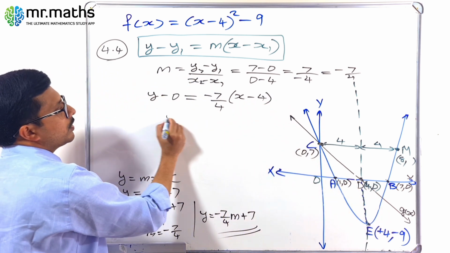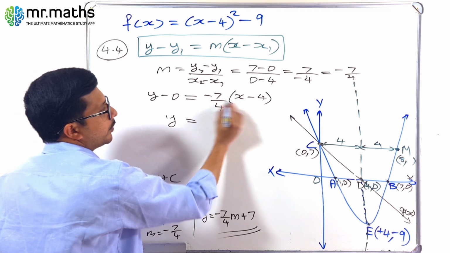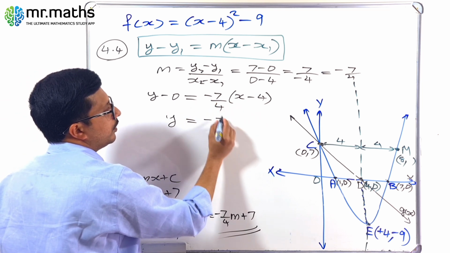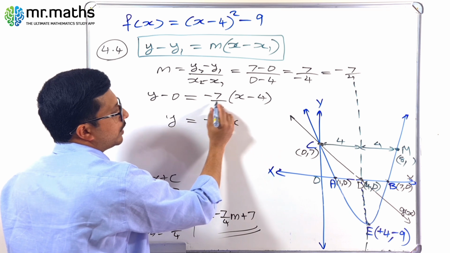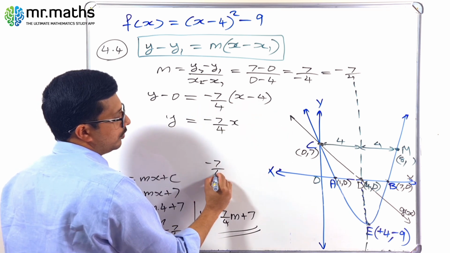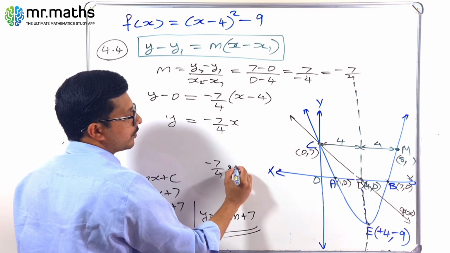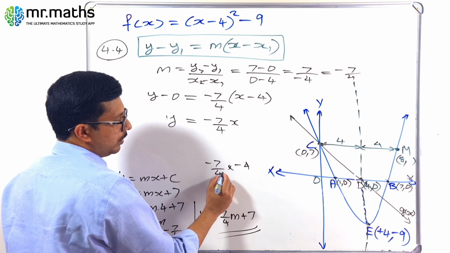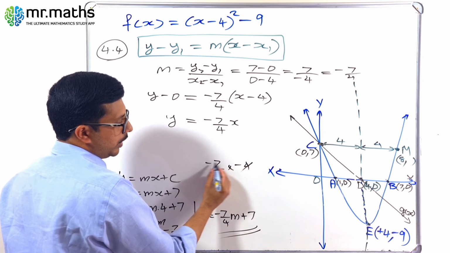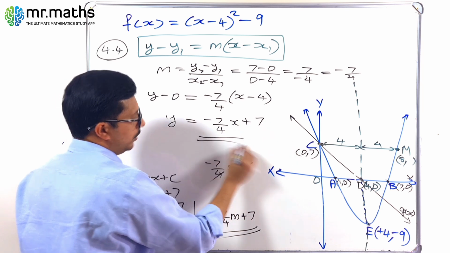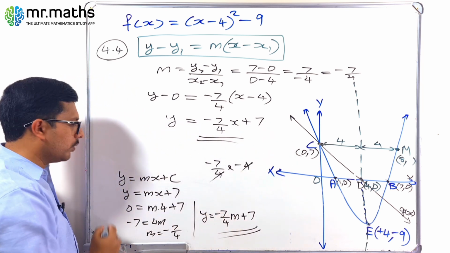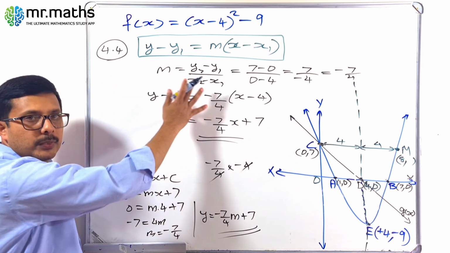So y minus 0 is y, is equal to, expanding the bracket, minus 7 over 4 x, minus 7 over 4 times minus 4. So here this 4 and 4 cancel, minus into minus is positive, 7, plus 7. Do you get the same answer? So either we can follow this method or this method, it doesn't matter.